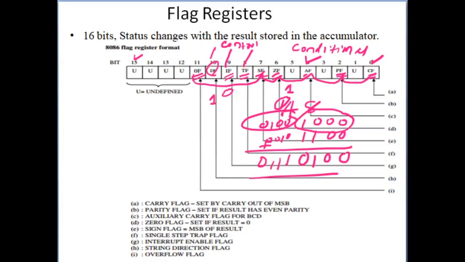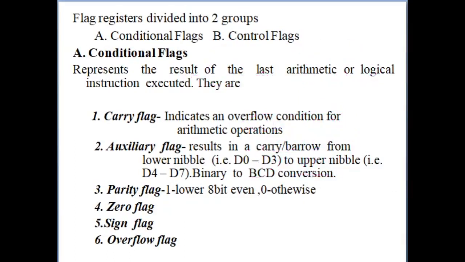So, whatever I discussed is available here, you can see. The flag register is divided into two groups: conditional flags and control flags. I have already told everything about the conditional flags. You see the carry flag here, then the auxiliary flag, parity, zero, sign, overflow, everything I discussed.